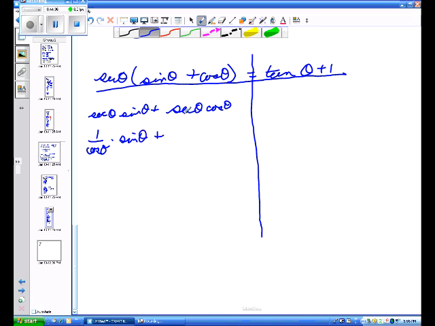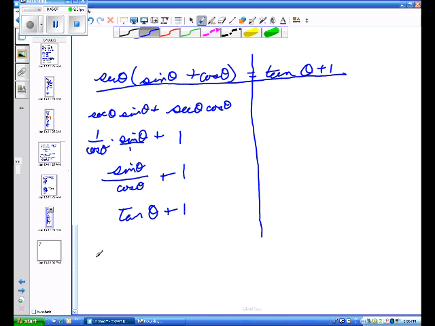And right here, secant and cosine are reciprocals, and anytime you multiply reciprocals, you get 1. So what we have is sine theta over cosine theta, plus 1, and sine over cosine is tangent theta.